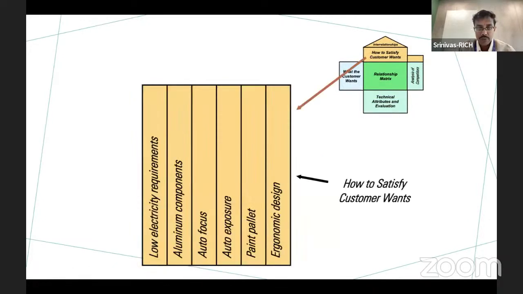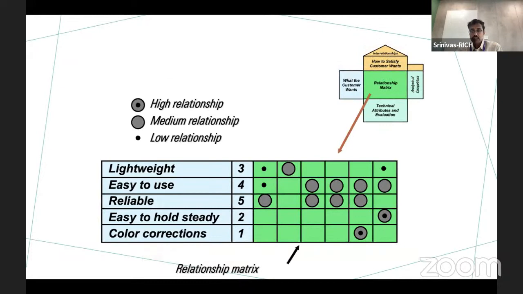Low electricity requirement, right? Reliability, low electricity requirement may or may not be so strongly related. So we, as experts, we assess this thing, and yeah, so reliability and light battery material probably are not very closely related. So you go ahead and map the consumer wants and the product functionalities.